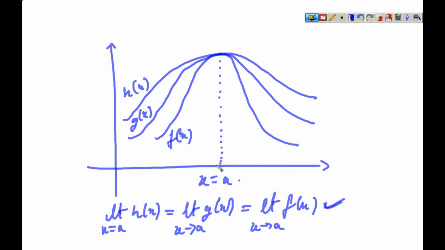Only at this point a, not for other points. For other points, the value of g of x is less than h of x, and similarly f of x is less than g of x. But at this point a, the value of the limit is the same for all of them.